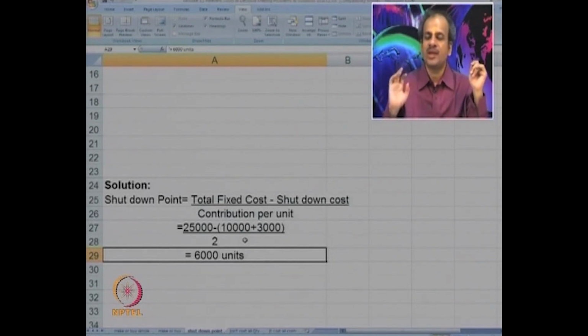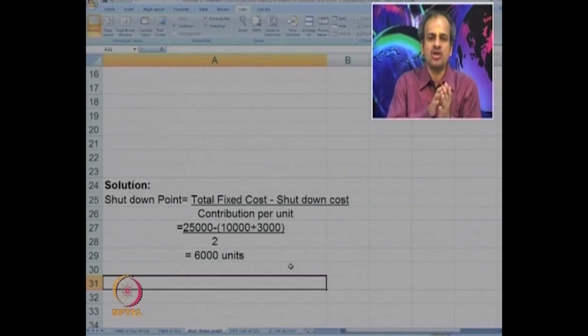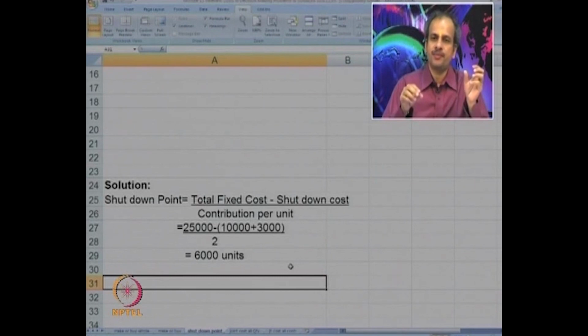Are you getting? Now carefully look at the formula. So we say that total fixed cost minus shutdown costs. So what is shutdown cost? Because after the closure, the fixed cost will come down to 3 plus extra fixed cost of 10. So essentially 13 is a fixed cost on shutdown, 25 is a normal fixed cost.